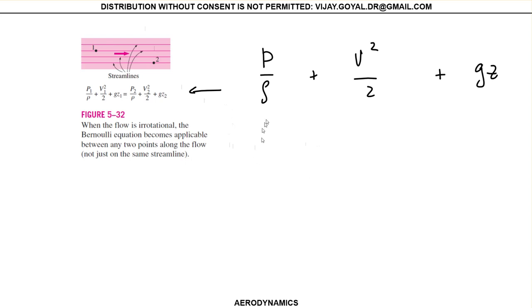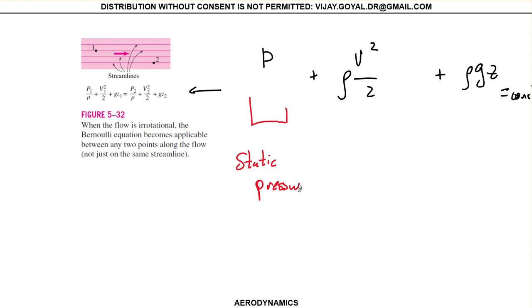In general, I could multiply this whole equation by rho, because I'm just multiplying by a constant. This is another variation of the same equation. If we do that, then this part here is what we call static pressure. This part here is called the dynamic pressure. This part here is called the hydrostatic pressure.